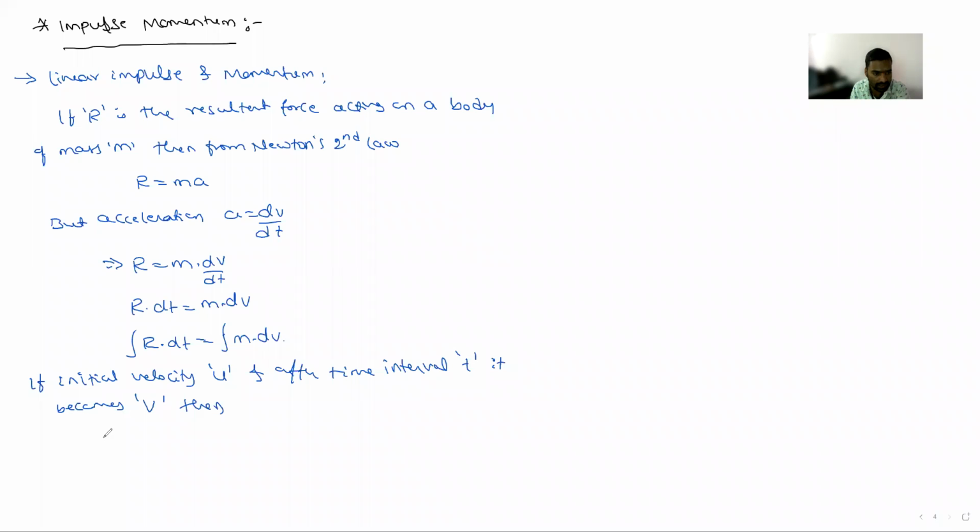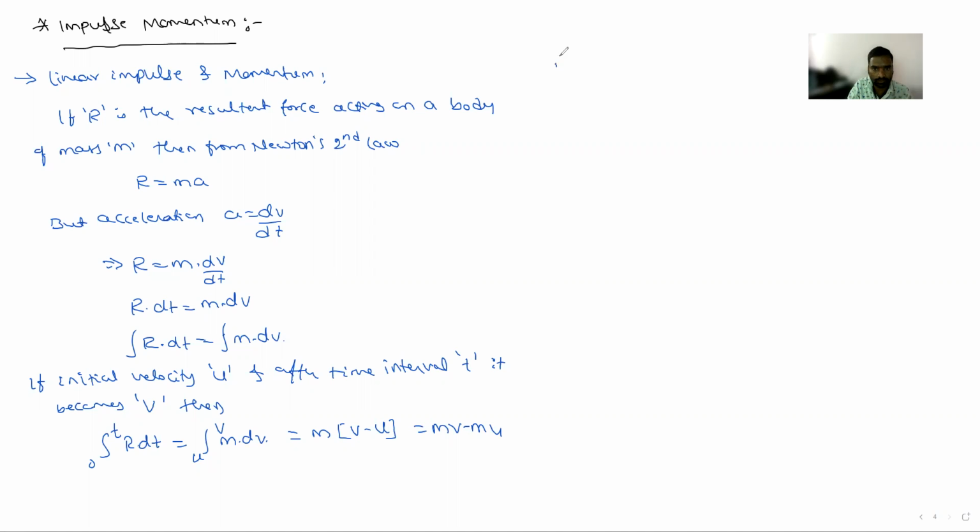So I can write the integration from 0 to t of R into dt equals the integration from u to V of m into dV. Integrate this: m into the integration of dV, which is V minus u. So I can write this as m into V minus m into u.